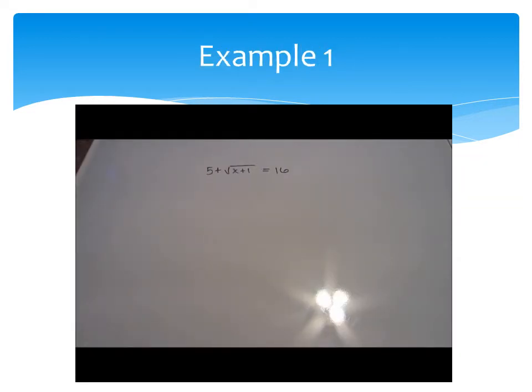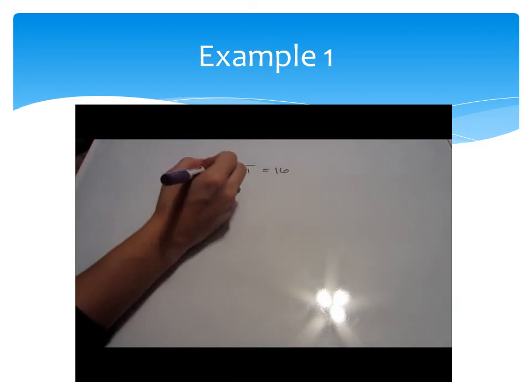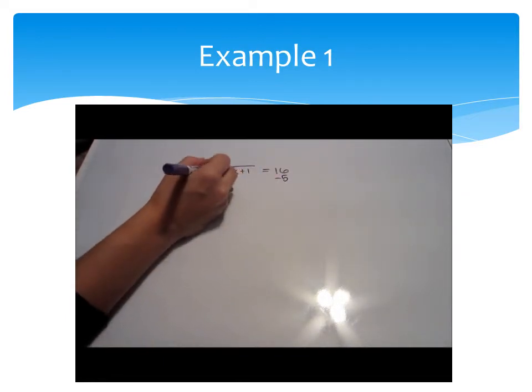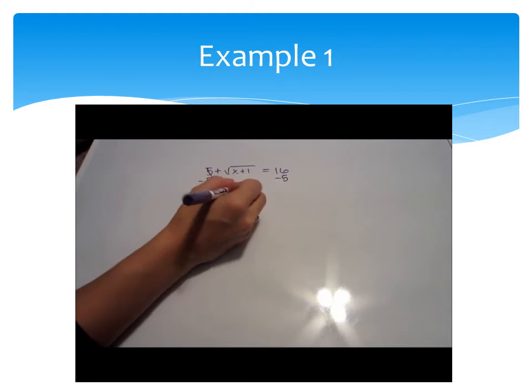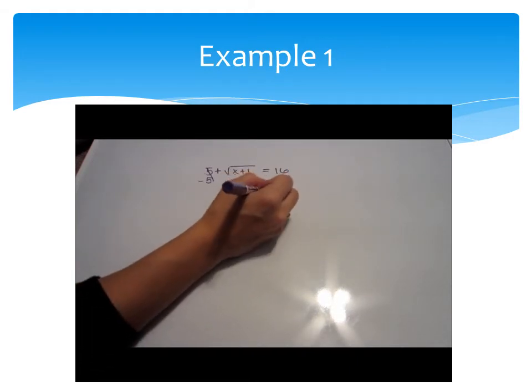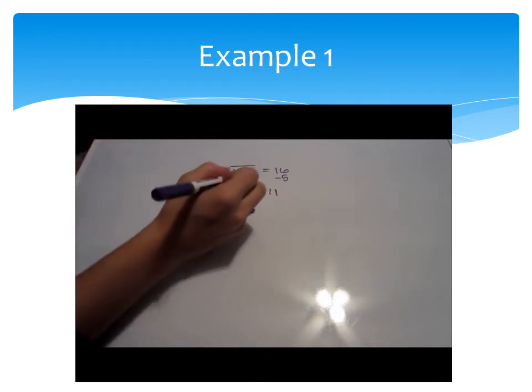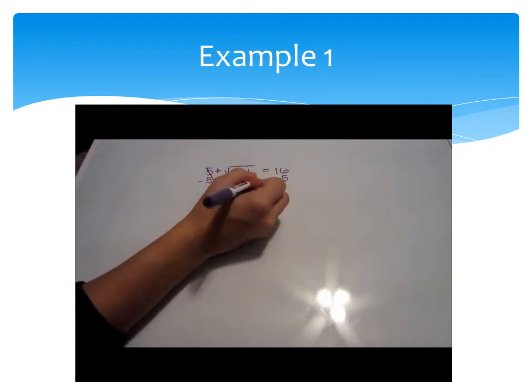Our first example of a radical equation is going to be 5 plus the square root of x plus 1 is equal to 16. The first thing we need to do is to get the radical by itself. So we subtract 5 from both sides. This leaves us with the square root of x plus 1 is equal to 11. Now that the square root is by itself, we square both sides.